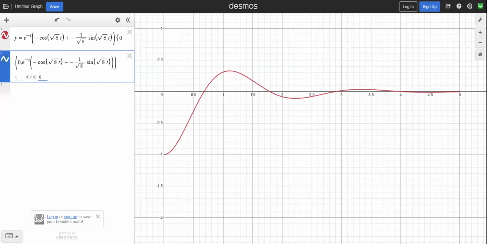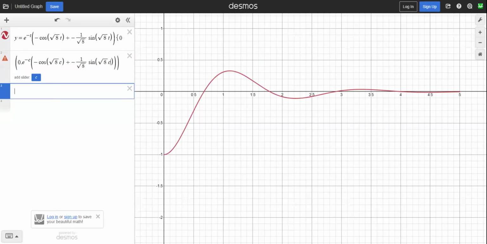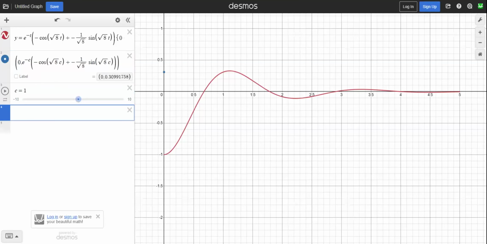Okay, t gets 0. I want to make like an animation. Can I do a slider maybe? Maybe I want a slider. Maybe put something defined here yet. Say like a C maybe? Okay, this might be cool. I'll put a C here. Add slider. Okay. And now I want the point really big though.